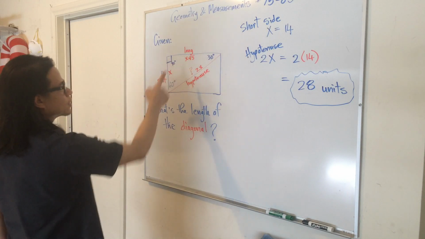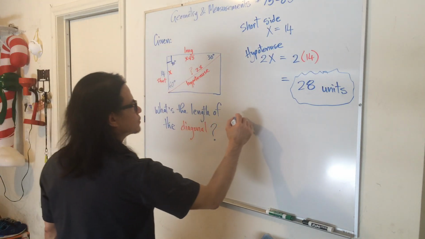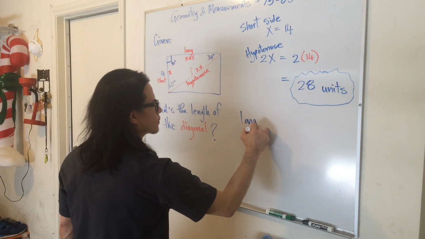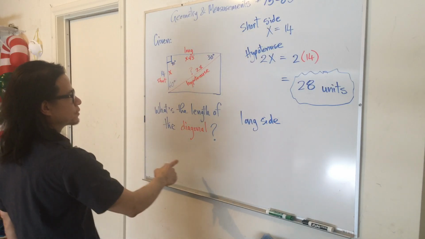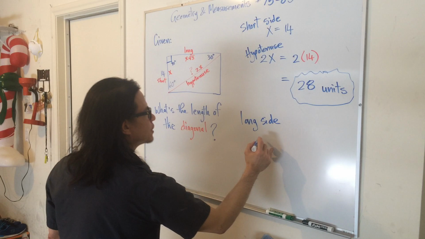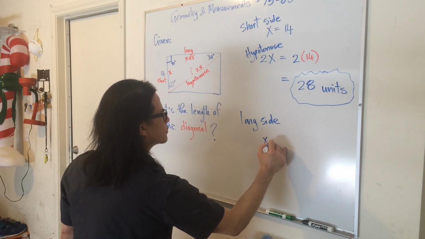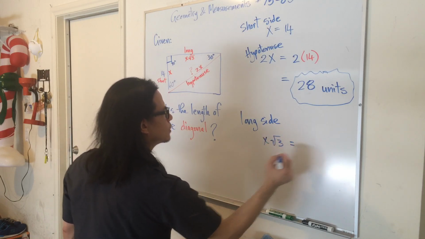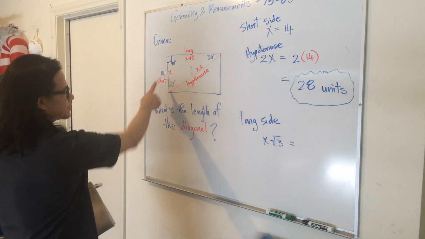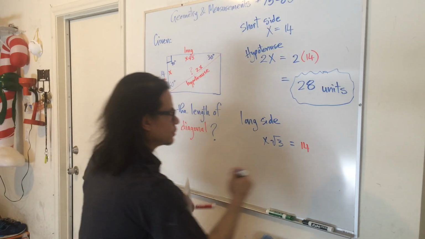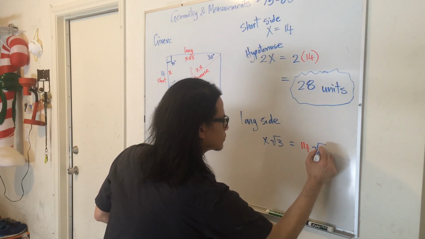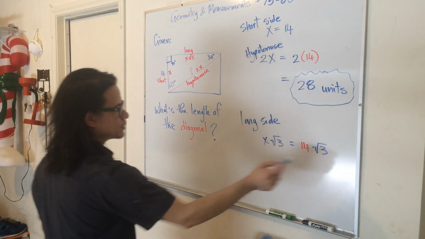Now, just for fun, what would be the length of the long side? Well, it's going to be square root of 3 times x. So x root 3 is equal to, well, x is 14 times square root of 3. The best we can do is just leave it at that.